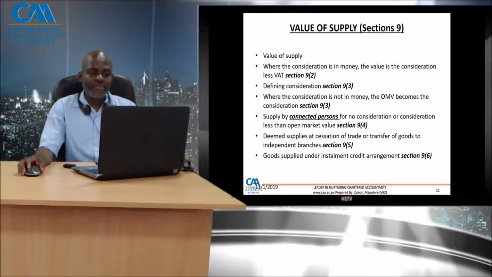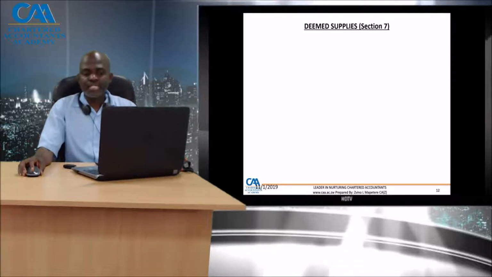You also have section 9.5, which deals with deemed supplies at cessation of trade, or transfer of goods to independent branches. Goods that are supplied under installment credit agreement, as we already discussed, is under section 9.6. Any deemed supplies based on adjustments, as I mentioned earlier, you look at section 9.7 or section 17, you read it with section 17. So that, in a nutshell, is value of supply.